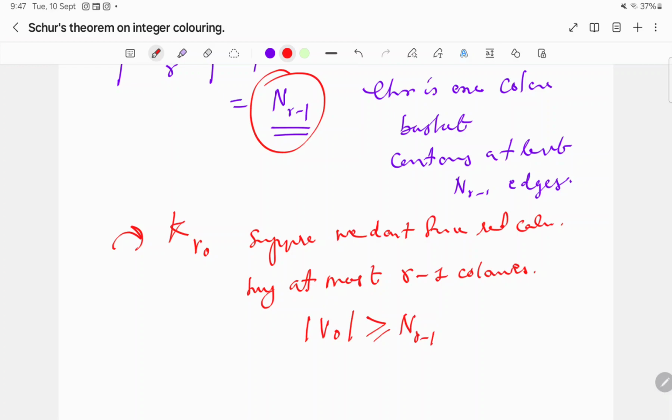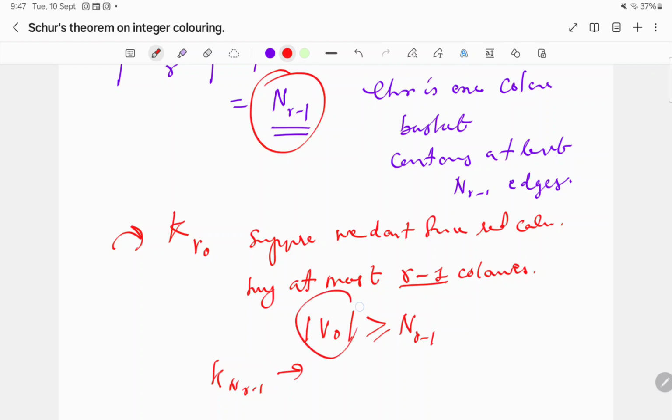So our hypothesis was, when we color K_{N_{R-1}} by R minus 1 colors, there is a monochromatic triangle.